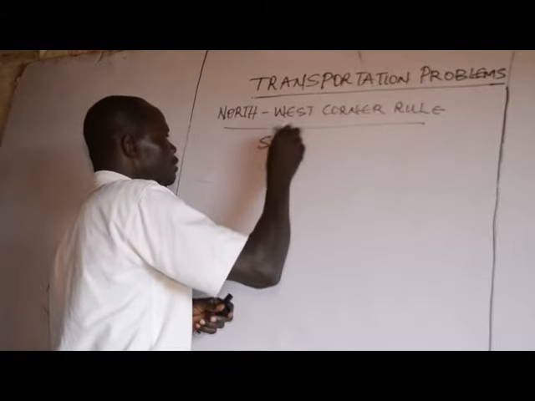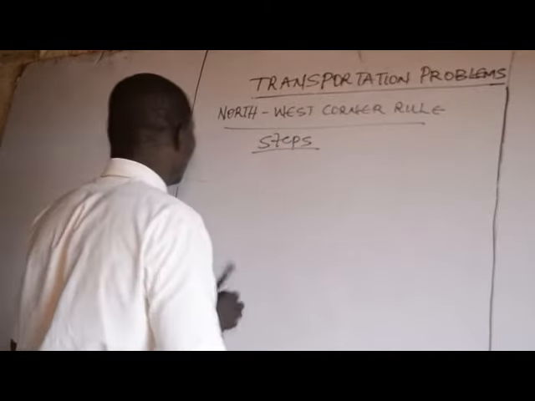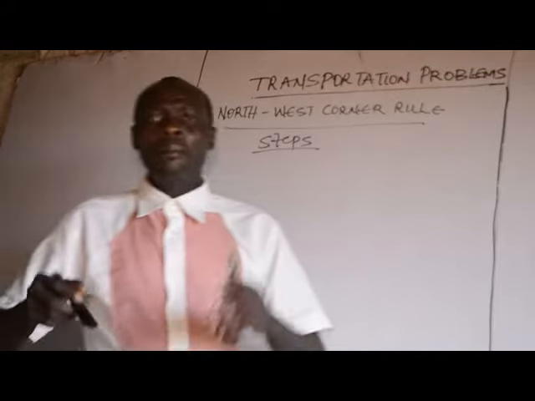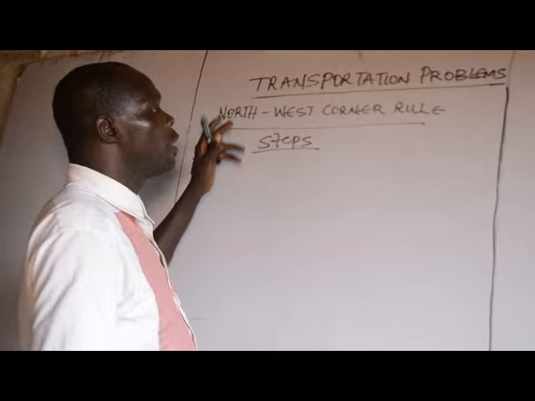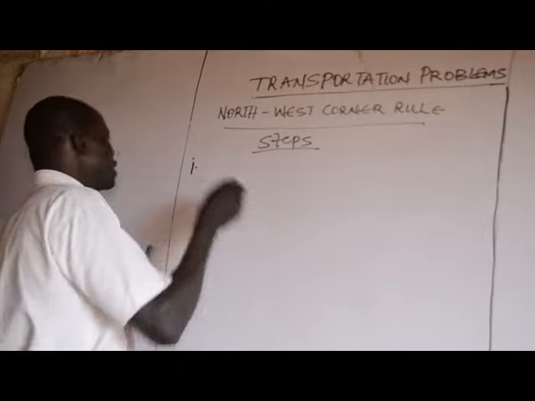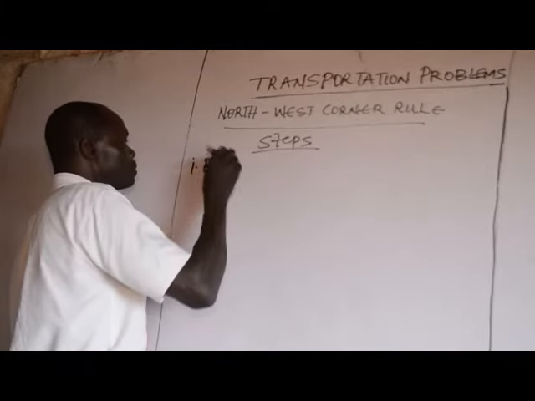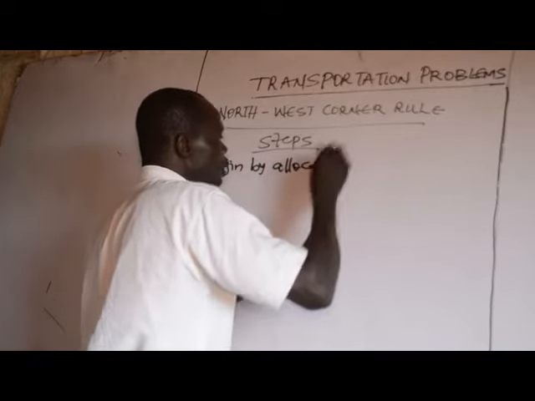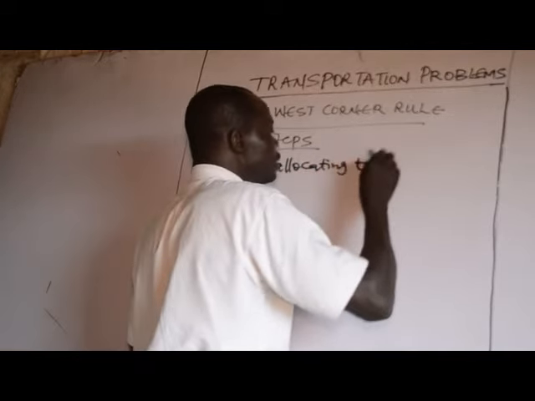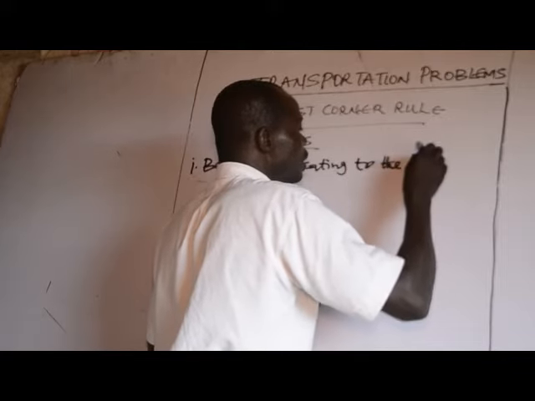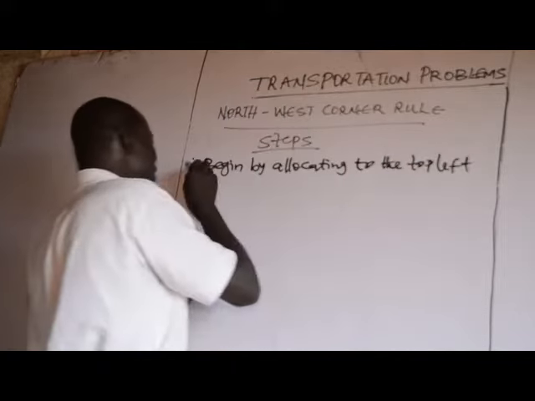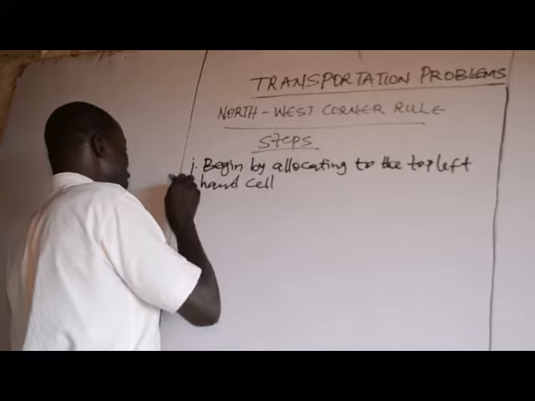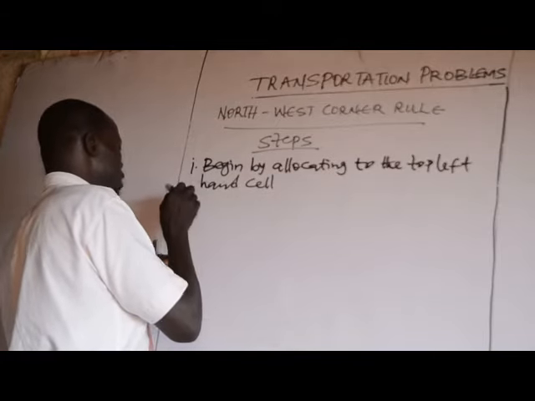Steps for solving a transportation problem using the northwest corner rule. Step number 1. Begin by allocating to the top left hand cell. That is, you start from the northwest corner.